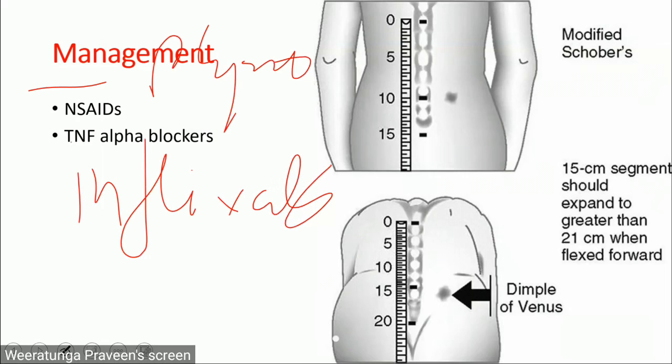In MCQs, other disease-modifying drugs like methotrexate don't have a place except when there is large joint or peripheral arthritis. Then sulfasalazine is what you give. But giving sulfasalazine for the spine is of no use. It's only NSAIDs and these biologics that work. But if there is peripheral joint involvement, like the knee or ankle, then sulfasalazine might be beneficial.